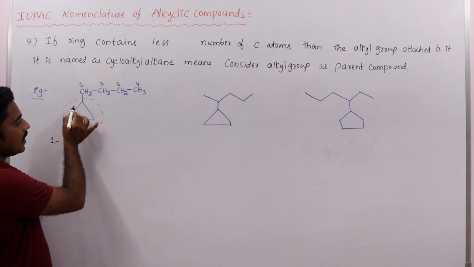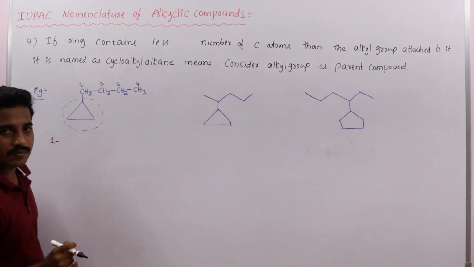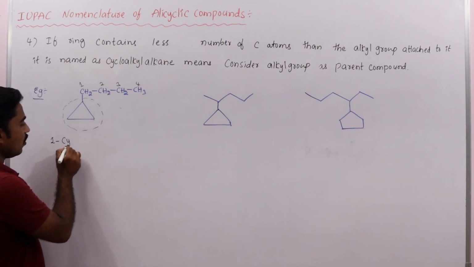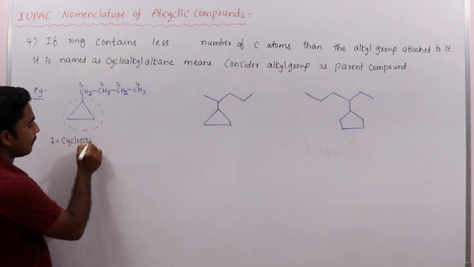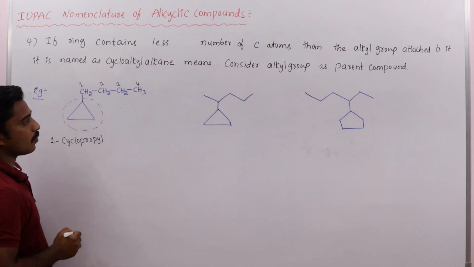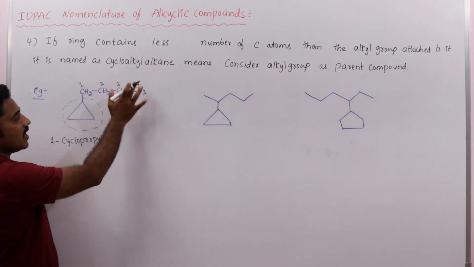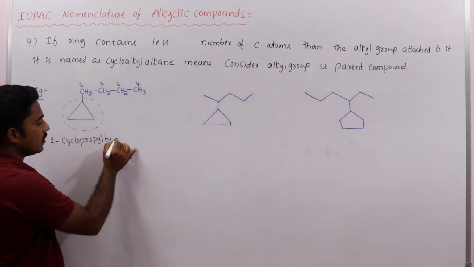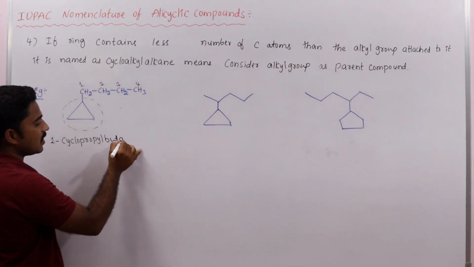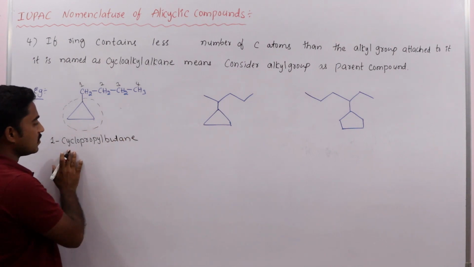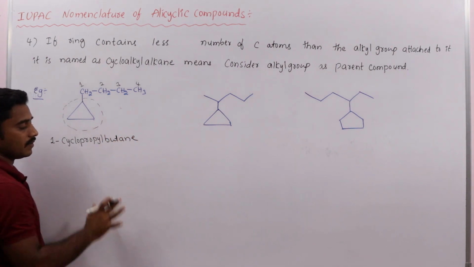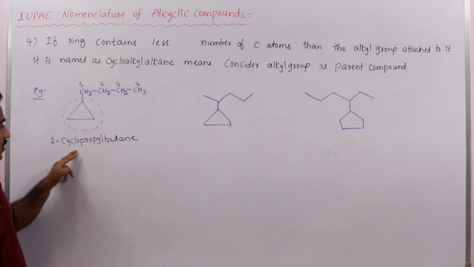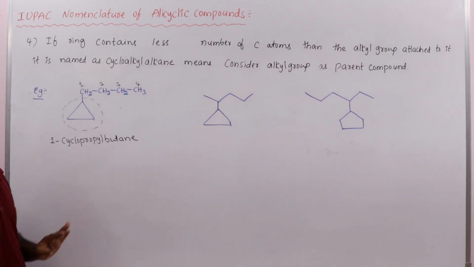When a cyclopropane ring is present as a substituent, it is cyclopropyl. 1-cyclopropyl. The side chain contains 4 carbons, that's why but is the root word, and this is a saturated one, that's why ane. 1-cyclopropylbutane means in the butane at the first carbon a cyclopropyl ring is present.